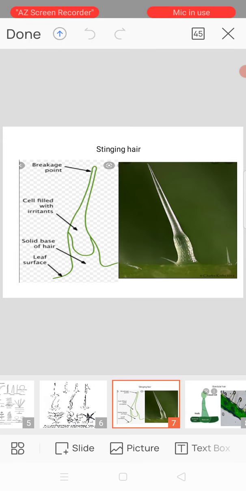This tapering structure ends in a small knob-like or a sharp point.